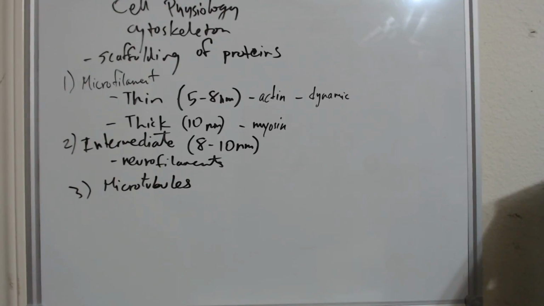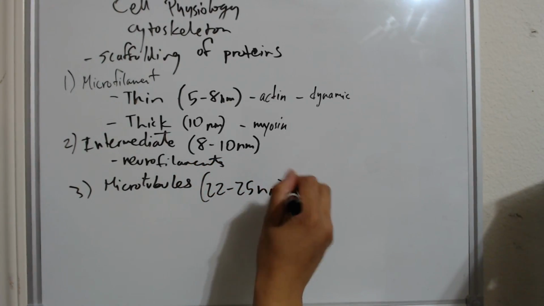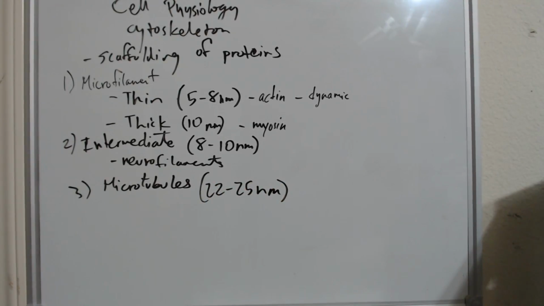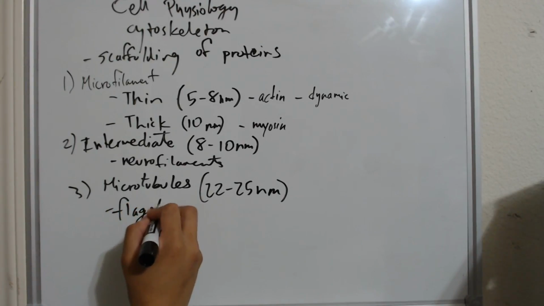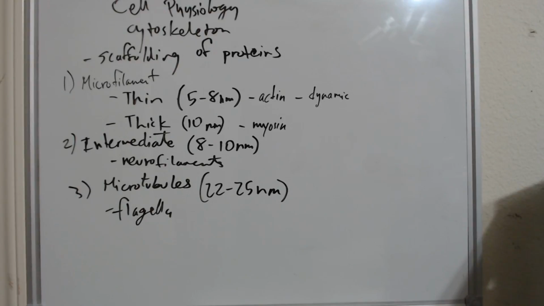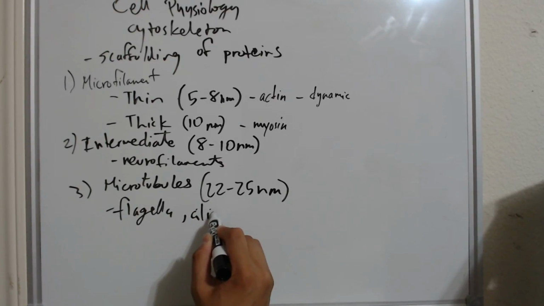Microtubules are pretty important. They're 22 to 25 nanometers wide. They're important because you can find them in flagella, which is the tail or whip that cells use for movement, or bacteria. Cilia is also for movement.